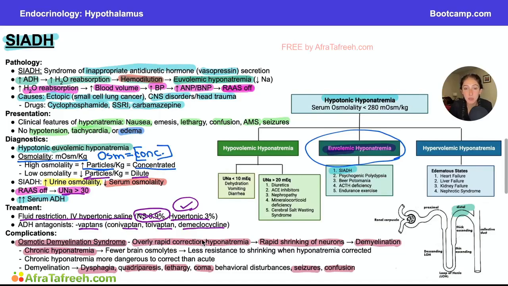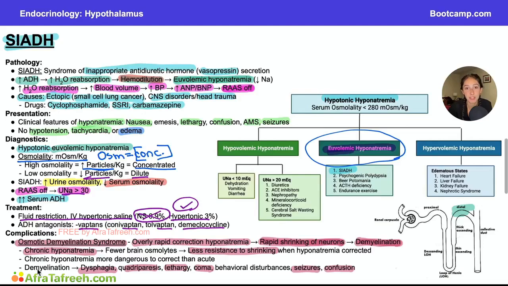This means that if we correct the sodium super rapidly, and then all of a sudden the blood has much more capacity to steal water back from the brain, the brain is not prepared to be able to hold on to its own water. This leads to less resistance to shrinking because the brain's not fighting the blood as much as it should to hang on to enough water to keep itself very robust. The rapid shrinking of neurons that we see when we rapidly correct hyponatremia is what's going to lead to the demyelination and all of those motor problems.